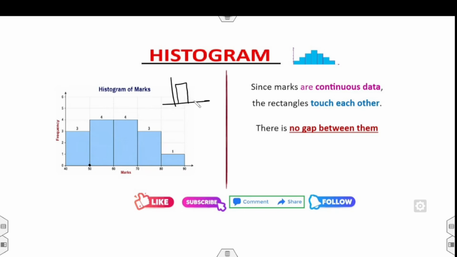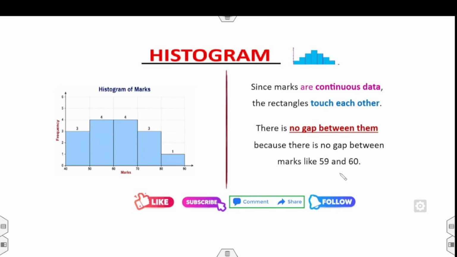That means you cannot draw a gap between them. That is not possible. Since the marks are continuous data, the rectangles always touch each other. That means there is no gap between them. Fine, because as you know, there is no difference between the marks of 59 and 60.